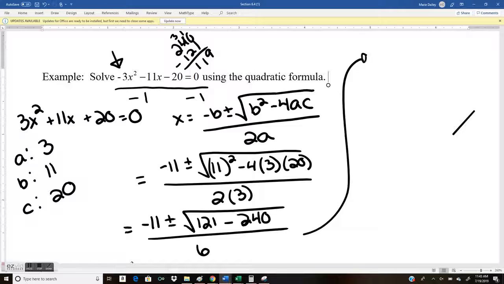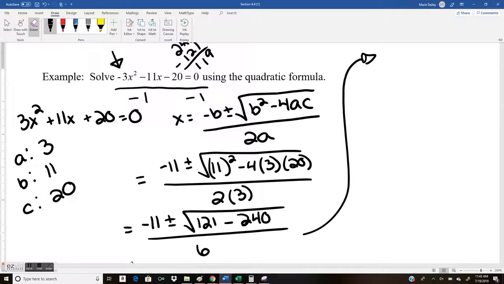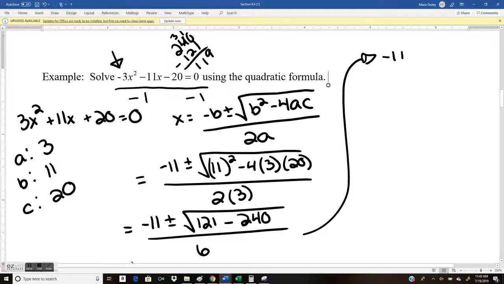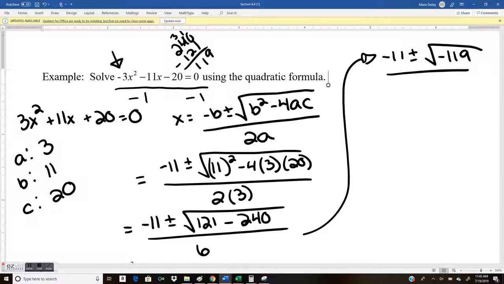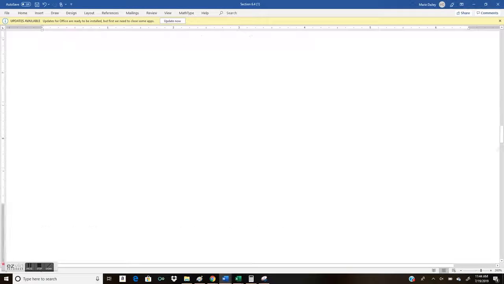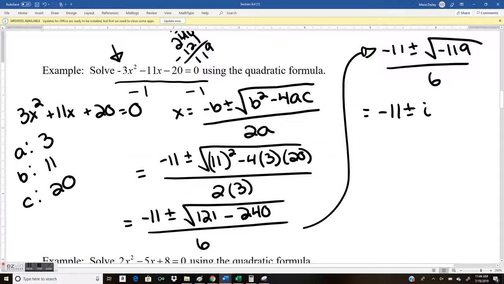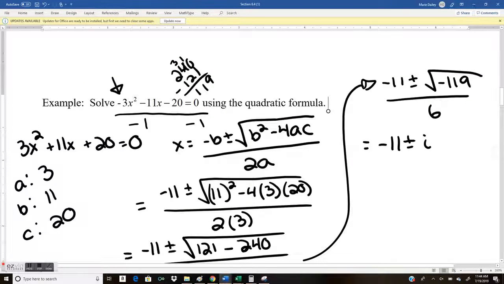So again, jumping up here, let's erase that pen mark I have. This then becomes negative 11 plus or minus the square root of negative 119, all over 6, which gives me negative 11 plus or minus i root 119. 119, I believe, is a prime number if my memory serves me correct.